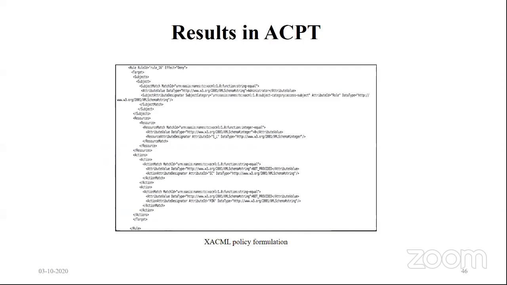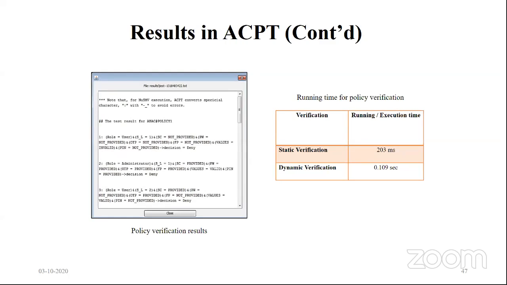Then the tool, the Access Control Policy Testing Tool. In this tool, you can define the security policies in eXtensible Access Control Markup Language, as you can see in the picture. Here you can define the roles and the resources that you want to secure, and there can be attributes associated with them. After executing the XACML access control policies in ACPT, it took about 203 milliseconds for the static verification, in which we look for the structural aspects of the policies.